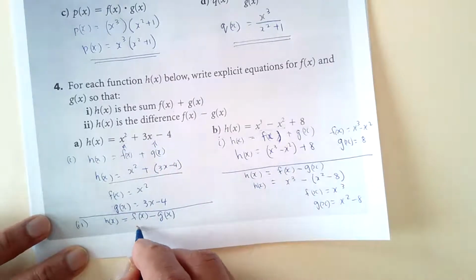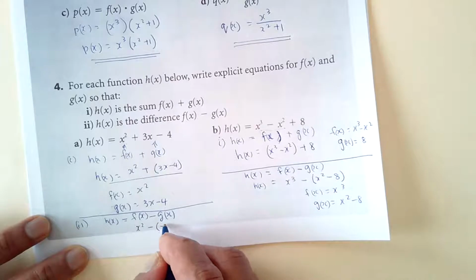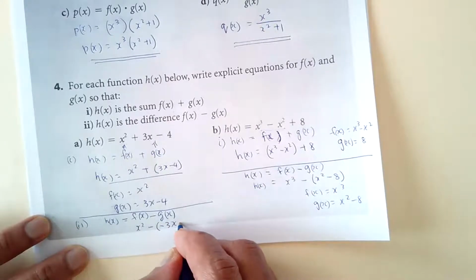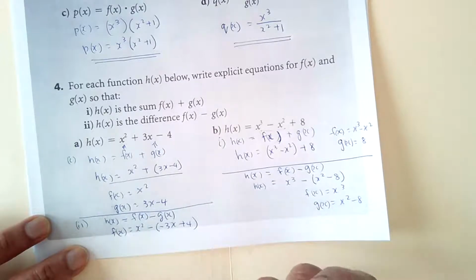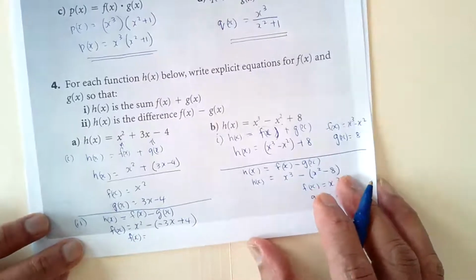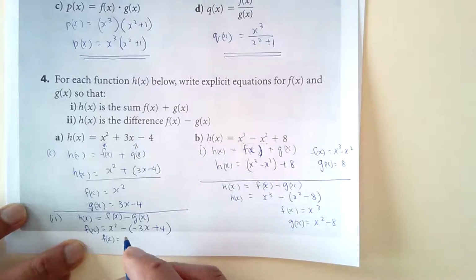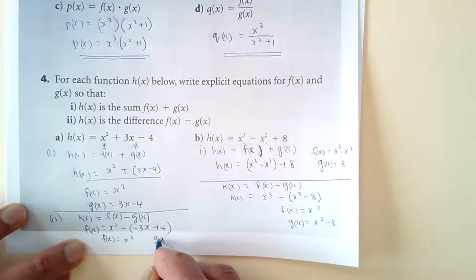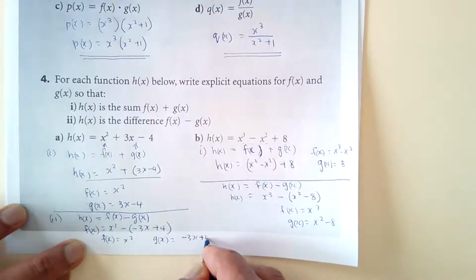So this will give me x squared minus, now, minus 3x plus 4. So f of x is equal to x squared, and g of x will be equal to minus 3x plus 4.